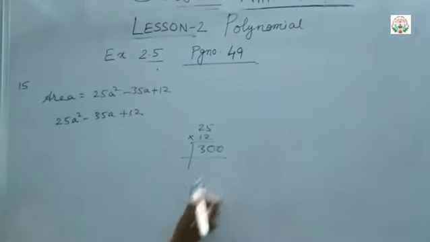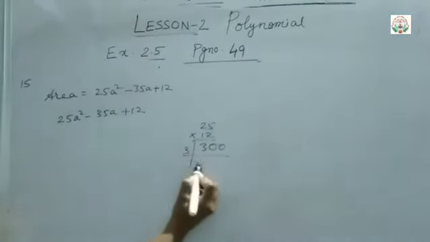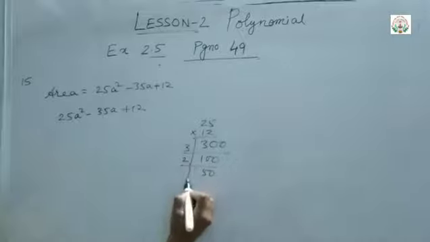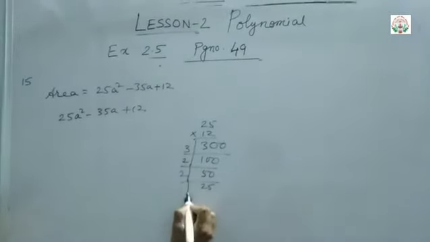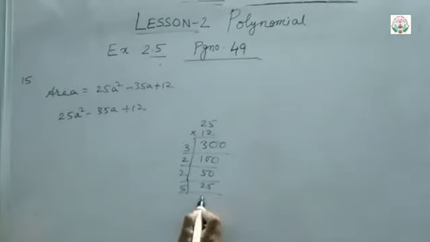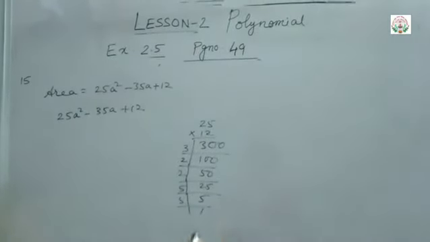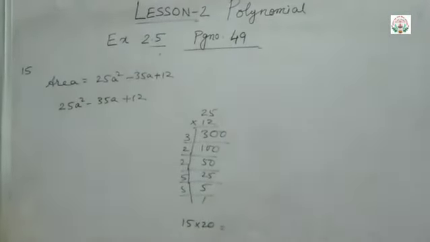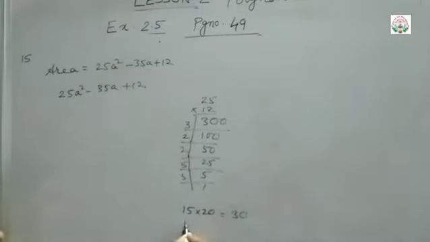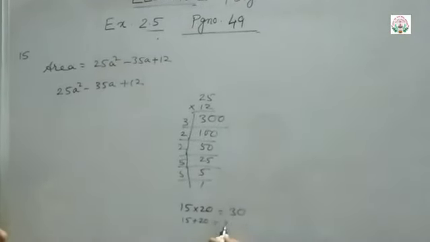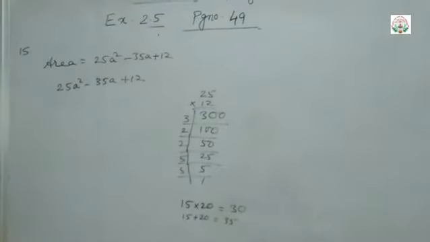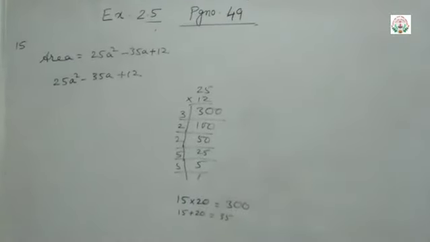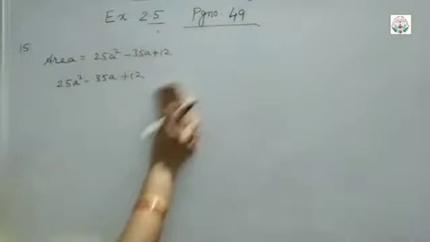Take the LCM of 300, or simply we know that 15 into 20 is 300, and on addition 15 plus 20 is how much? 35. Got it? Either way you can do. Okay, this is 300, so 15 and 20 will be the factors of it.